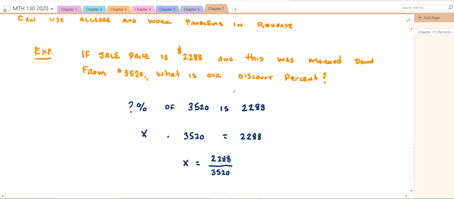And as we can see here, this is going to be a number smaller than 1. That makes sense, because 2288 is smaller than 3520. So it's less than 100% of 3520. So it's a percentage of it. Anyways, if I do the math here, I get 0.65 or 65%. So 2288 is 65% of 3520.